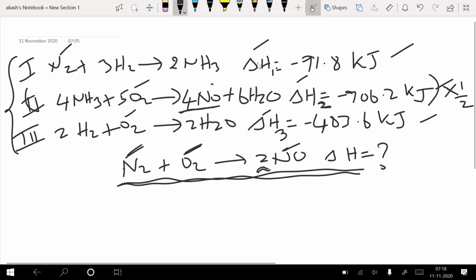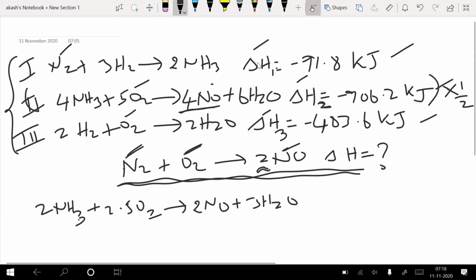So I will have 2NH3 plus 2.5 O2 gives 2NO plus 3H2O. This is the equation, and obviously this would have become delta H2 divided by 2.